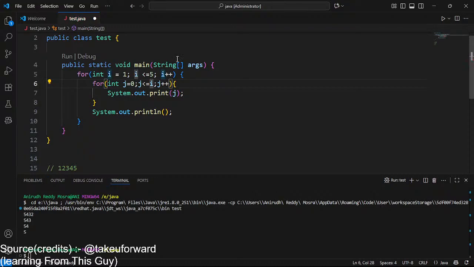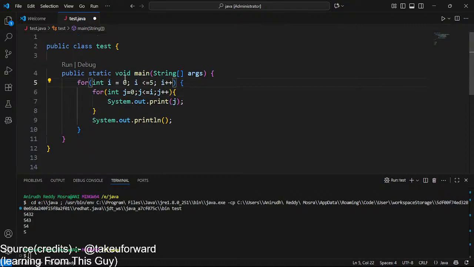So first iteration would be like first iteration 0. Yep, true. J, 0. Then 0.